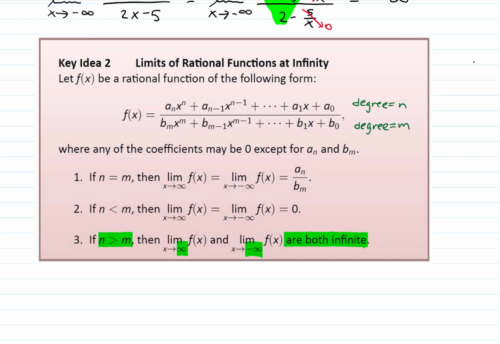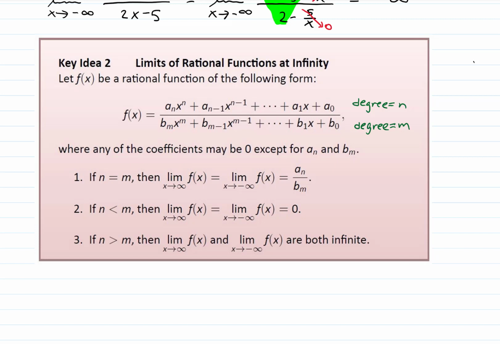Okay, so I actually would suggest to you to go back and watch that part of the video again where I did those examples right before this box popped up. So you should know this shortcut that's in this box, but you should also know how this shortcut worked, because we divide everything by the largest power in the denominator.